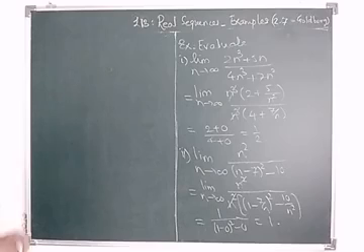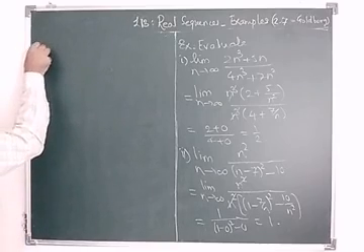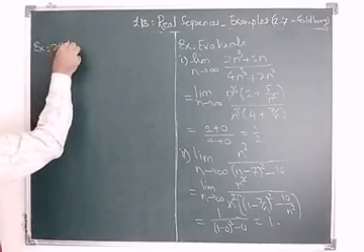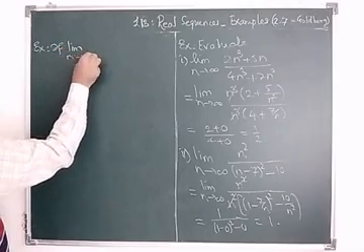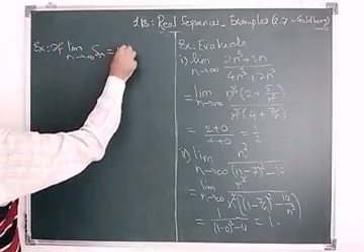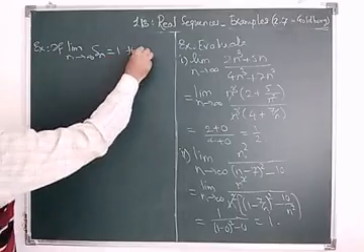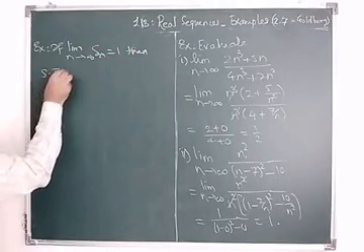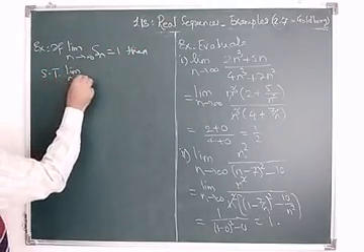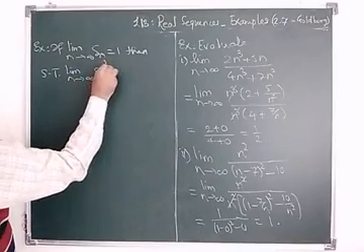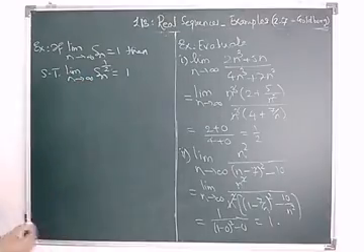Next example: if limit n tends to infinity of Sn is 1, then show that limit n tends to infinity of Sn raised to half is also 1.